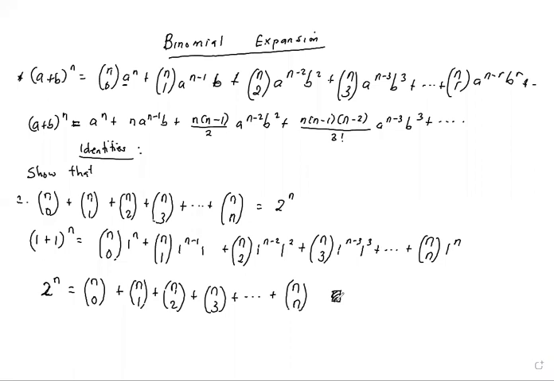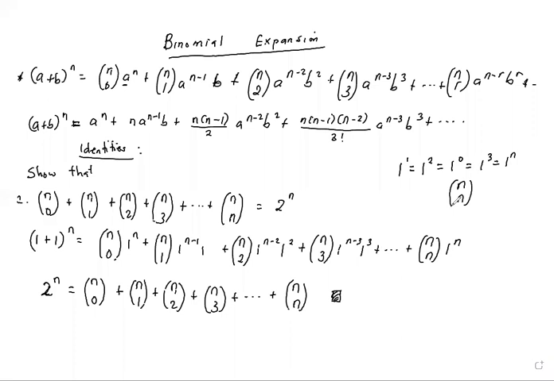Sir, can you repeat? So when you have 1 power 1, 1 power 1 is the same as 1 power 2, which is the same as 1 power 0, which is the same as 1 power 3, 1 power n. That's where the secret is. And after having 1 power n multiplied by n choose n, of course, I'll get n choose n.